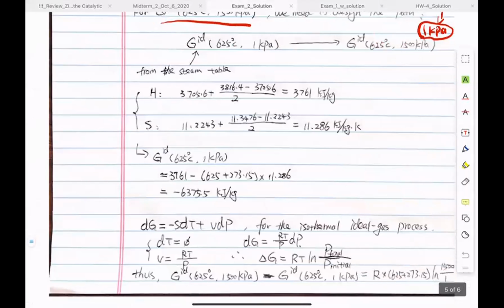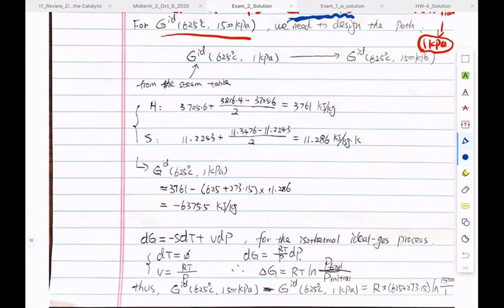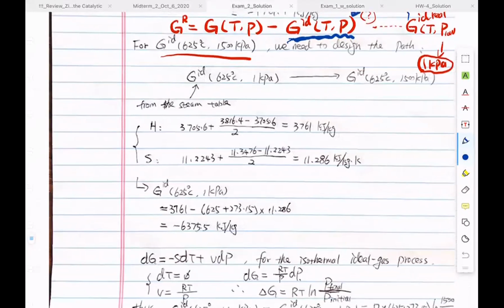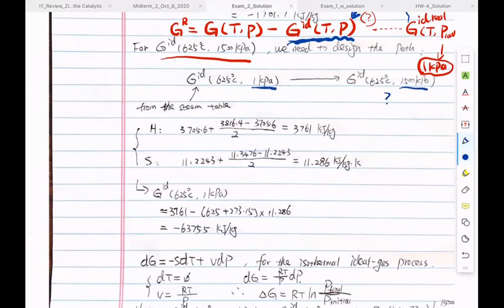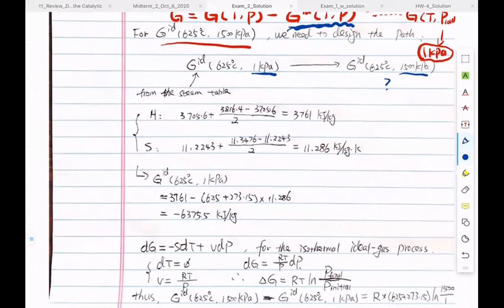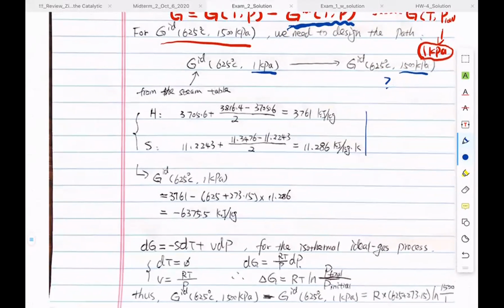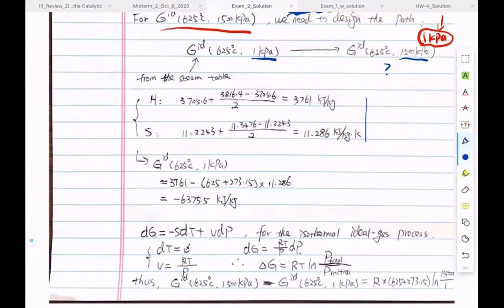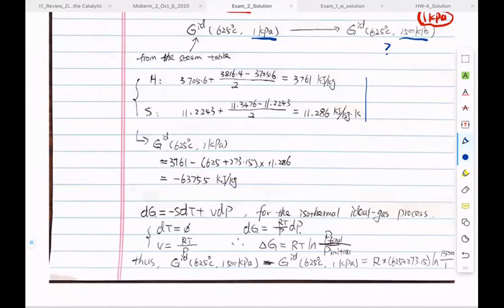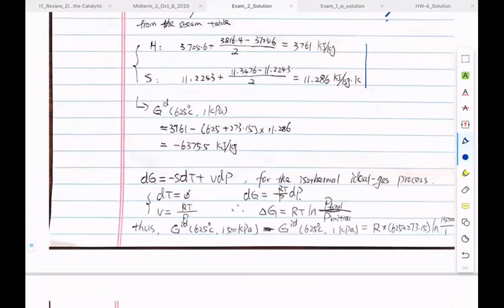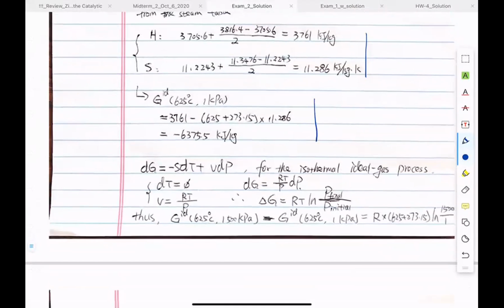Then the remaining would be some calculation details, right? We try to understand this is 1 kPa, and we figure out what the value is here. From the steam table, we read those conditions, and we use linear interpolation one more time, and then we put together the calculation.